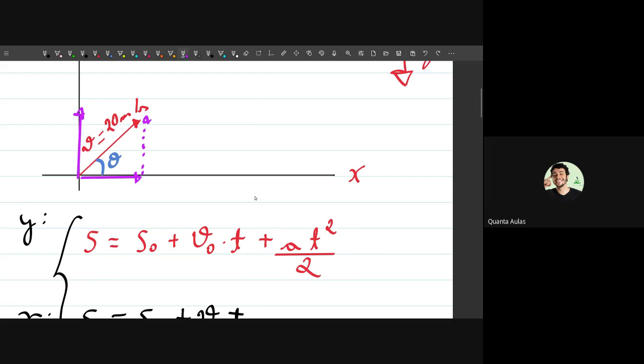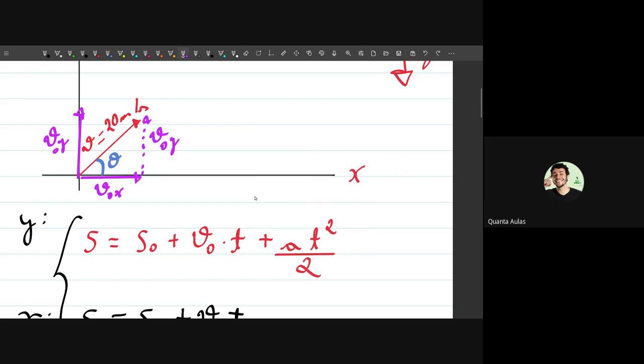It's easier to see the triangle, right? So if this is the y vector, the component of the initial velocity on the y-axis is the same, because it's the same vector, the same range. Here is the same thing, but on the x-axis.